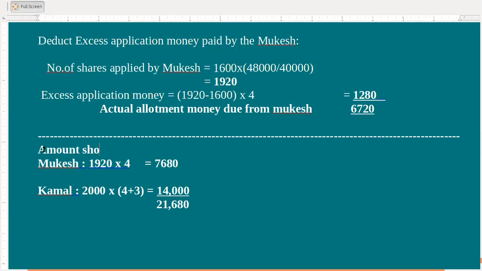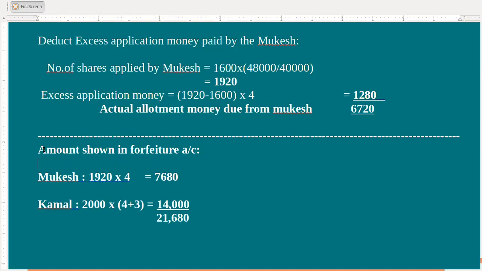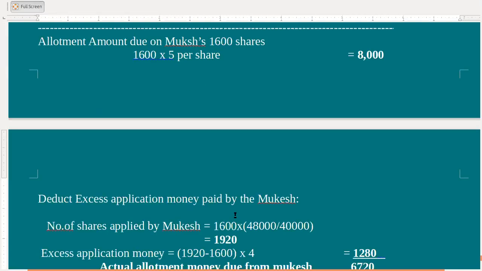Amount shown in forfeiture account: 21,680.